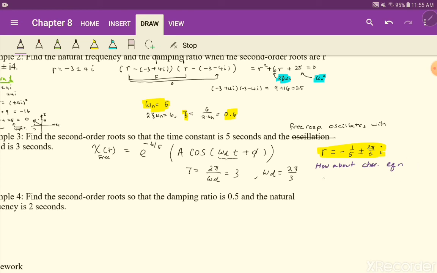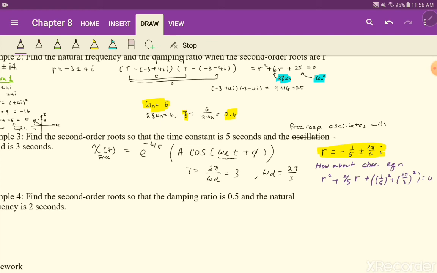So what you do is you find the polynomial the solution came from. So that's equal to r squared, plus twice that, I think 2/5 r, plus 1/5 squared plus 2 pi over 3 squared equals 0. So let me find what that number is.